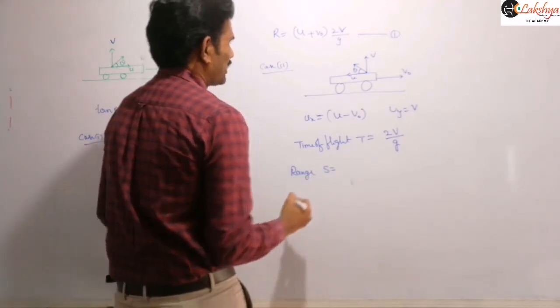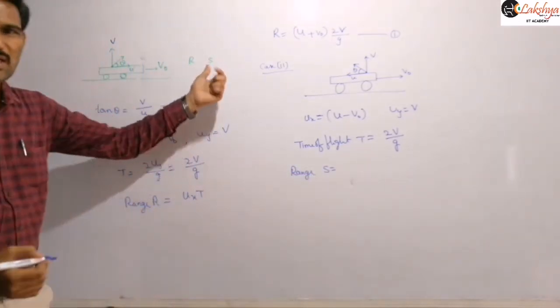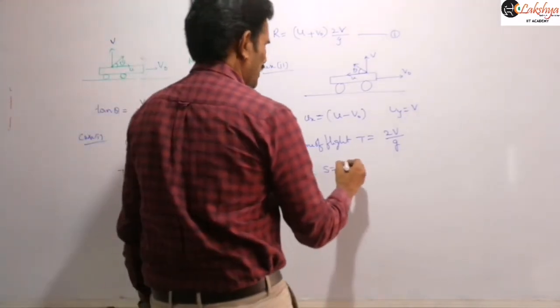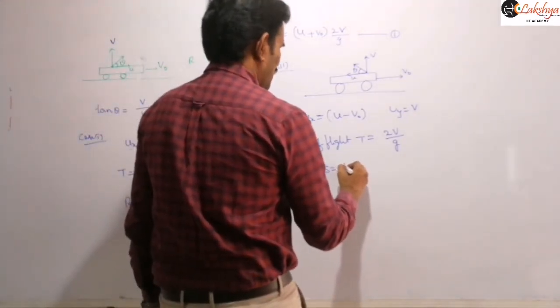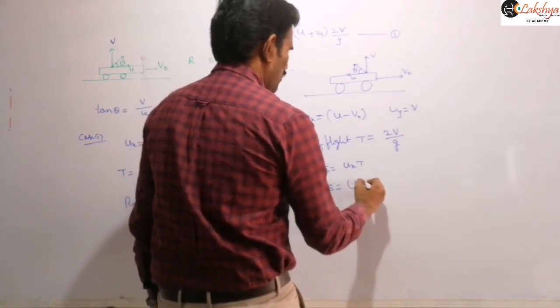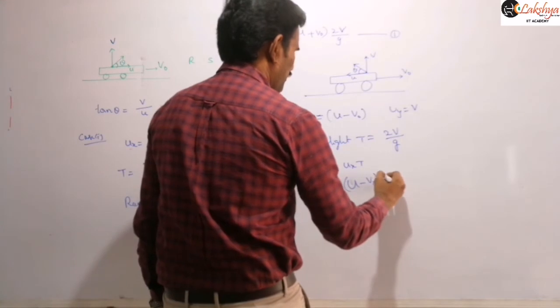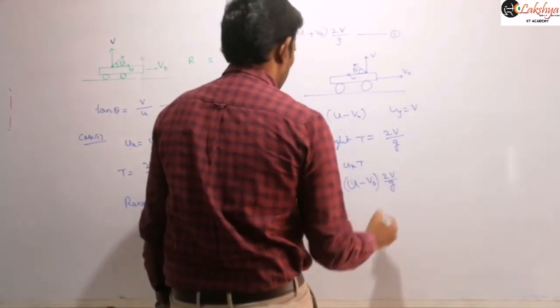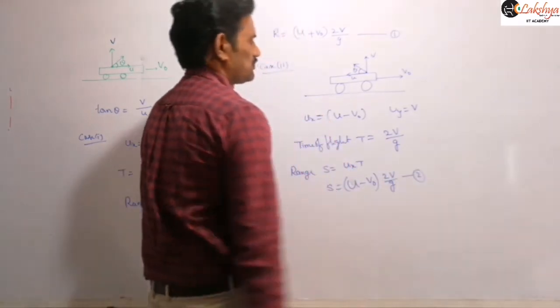In this problem the range is given as S for us, so S is the range when it is projected backwards. That value is Ux into T, therefore you can write it as U minus V naught into 2V by g. Let's suppose this is equation 2.